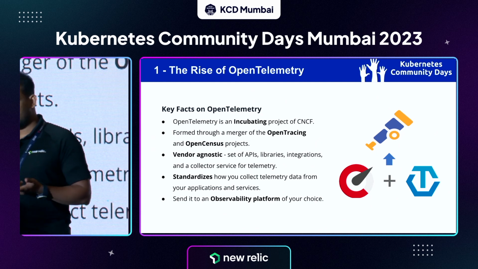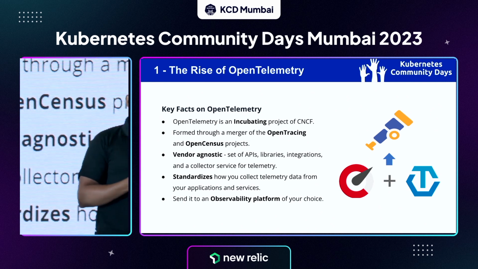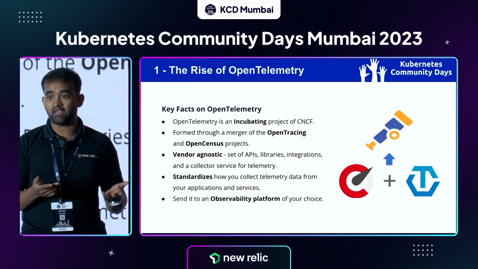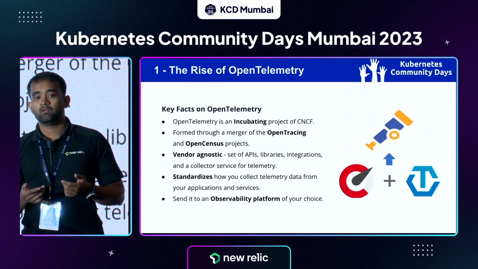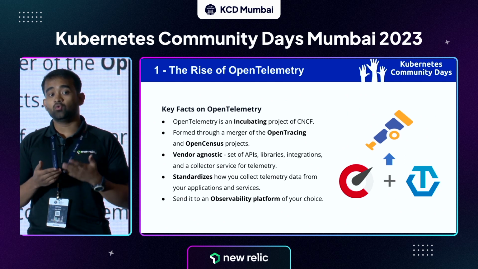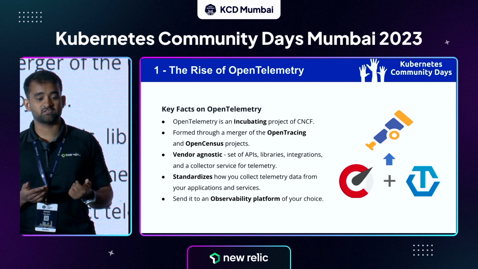So the goal of OpenTelemetry is that it is vendor agnostic. That means if you're using OpenTelemetry to instrument your application or services, you are not getting locked into any specific vendor. That means you are in control of your applications, your telemetry data, and all your services.